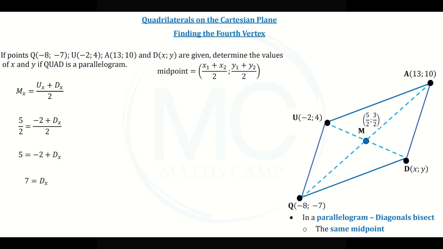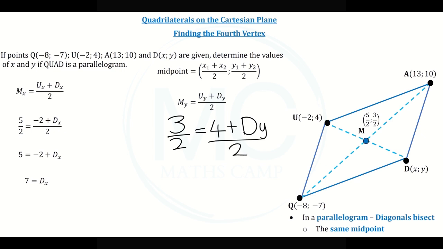Now that we have the x-coordinate, let's find the y-coordinate. So we can say the y-coordinate of M is equal to the y-coordinate of U plus the y-coordinate of D all over 2. The y-coordinate of M, 3 over 2, is equal to the y-coordinate of U, 4, plus the y-coordinate of D, let's leave it as dy, all over 2.